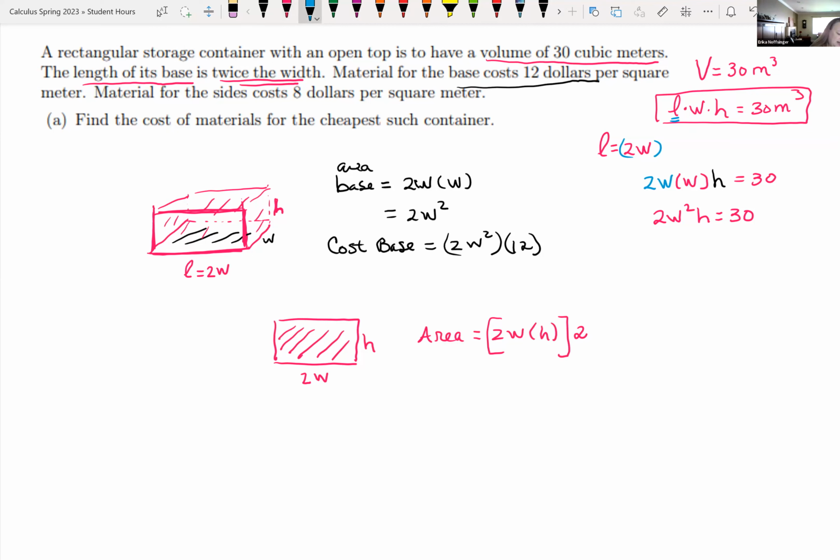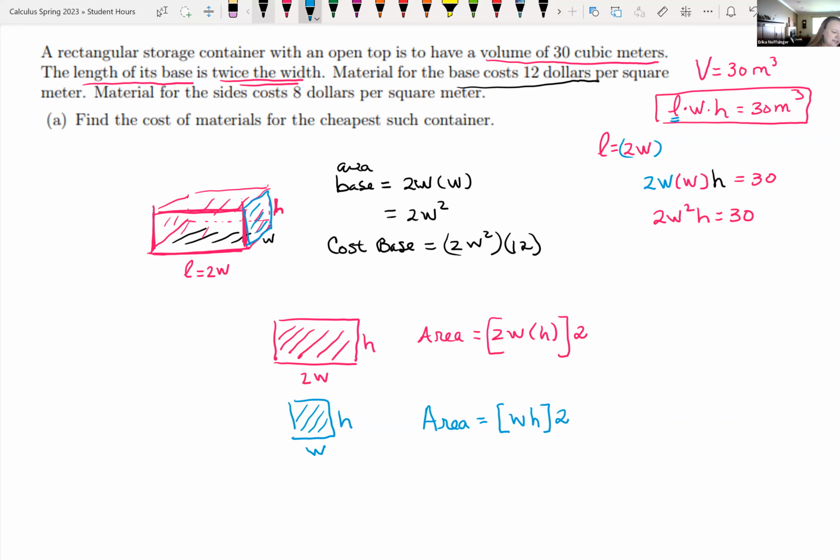And then if I look at the other side of our box, there's two of them with these dimensions. We still have our height, but in this case the length here is W. So our area for those two pieces is equal to W times H, and there's two sides like that, so times 2.